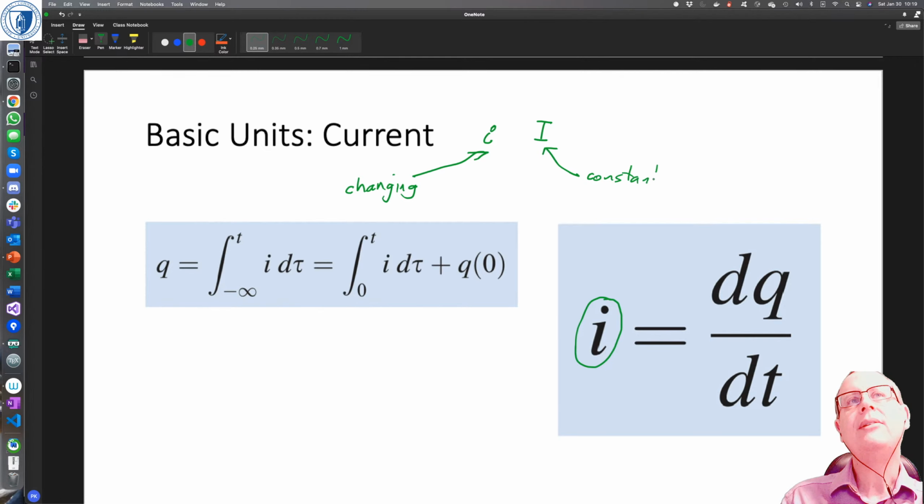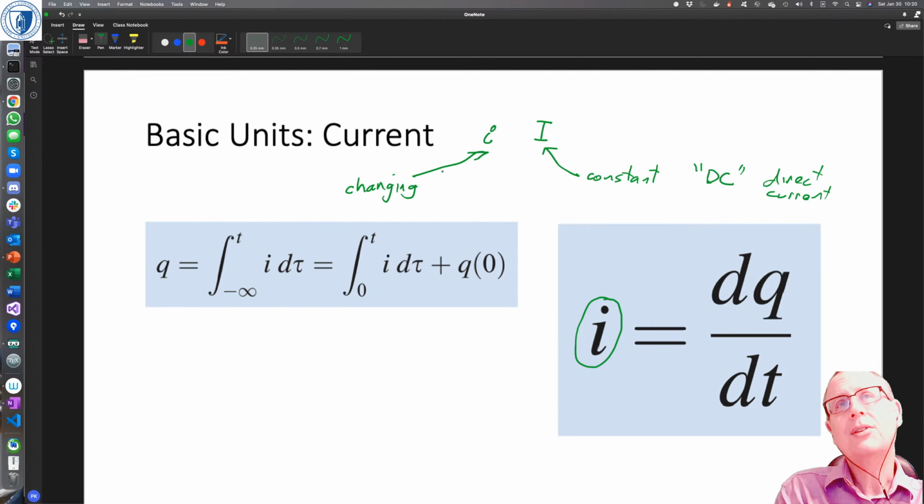You will hear me say the phrase DC, which stands for direct current. And the usual, at least for this course, the changing version is mostly about AC, or alternating current, where the current and the voltage is sinusoidal.